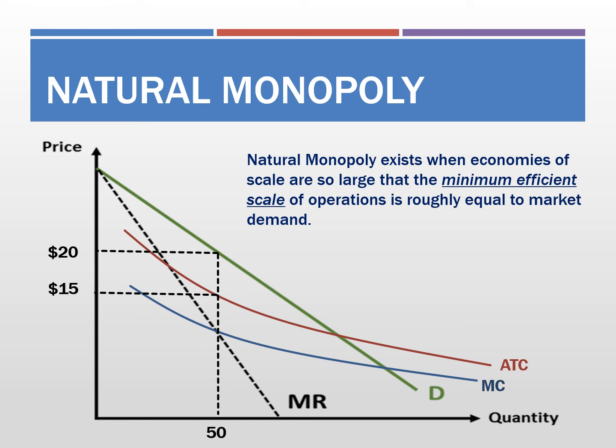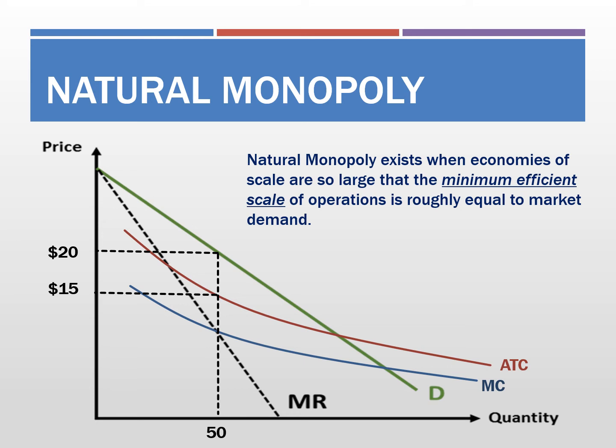To talk about the natural monopoly, again, we are referring to a scenario where the production of a product has enormous economies of scale, where the demand for the product in the market is not large enough to allow more than one firm to produce. In this graph you can see how the concept is demonstrated.